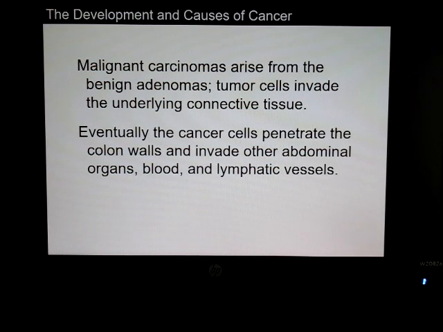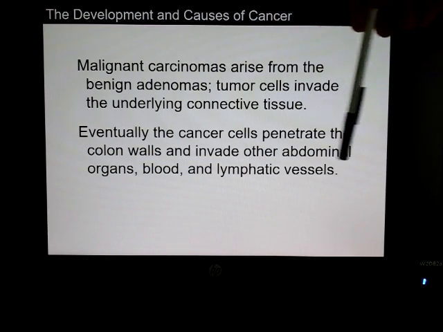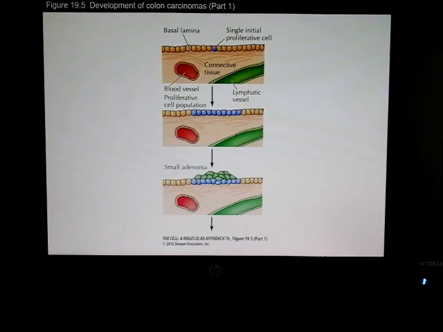So malignant types of carcinomas will arise then from benign adenomas. And the tumor cells will invade underlying connective tissue. Eventually, they will penetrate, for instance, in colon cancer, colon walls and invade other abdominal organs, blood, and lymphatic vessels.